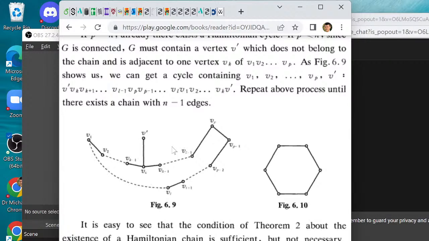So you're going right from this picture this way, back down, around to VL, V1, V2, VK minus 1, VK, and then V prime.